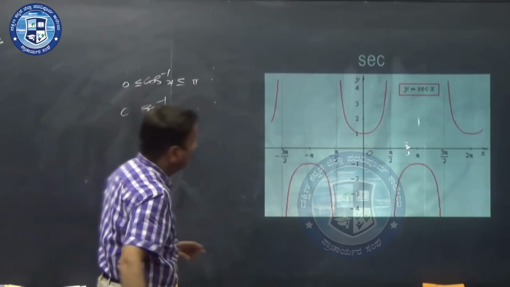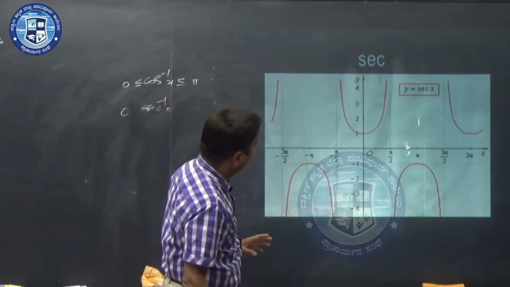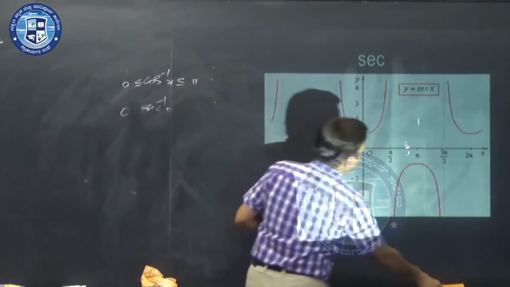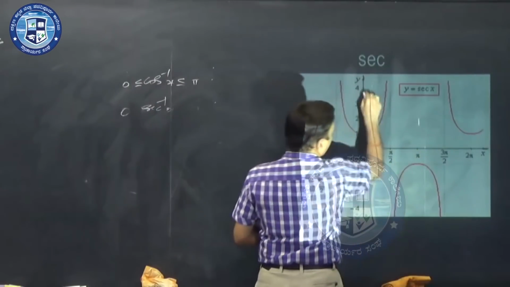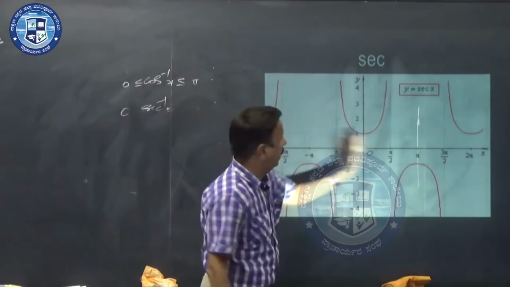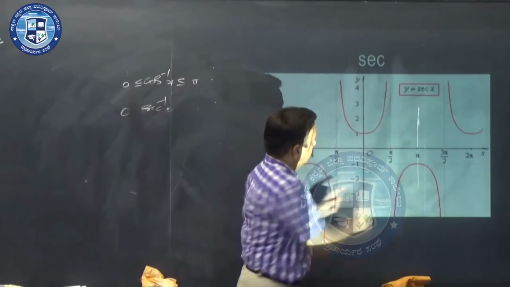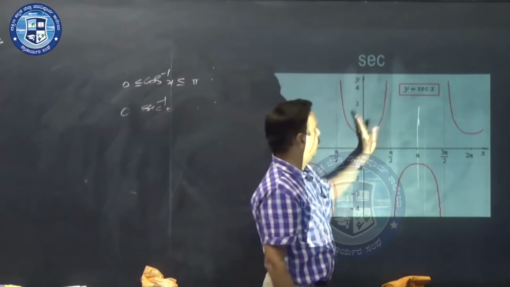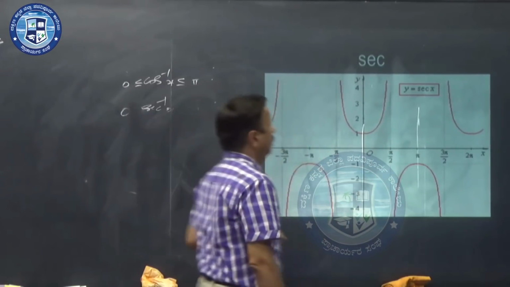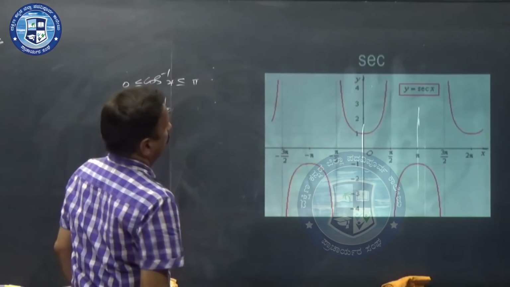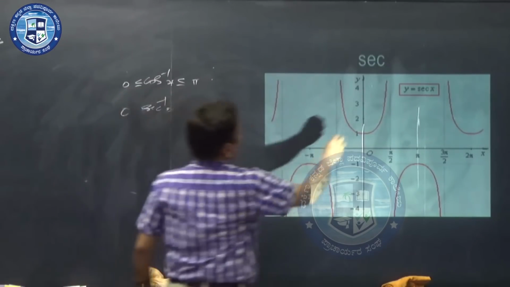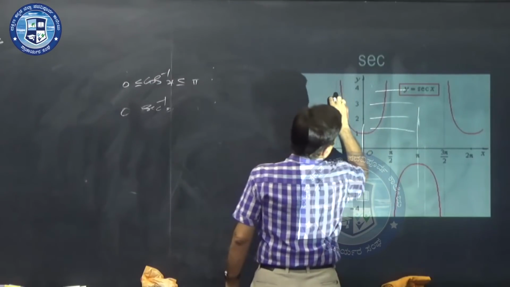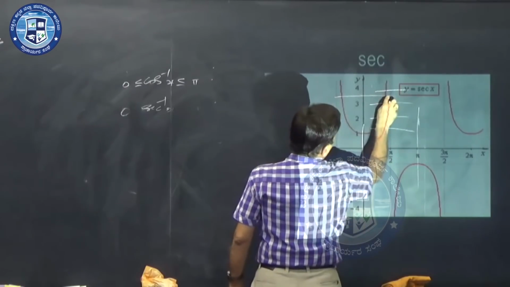For the secant curve, if you draw the horizontal line between 0 to pi, nowhere will it cut the curve at 2 points. It will cut at only 1 point. Unlike elsewhere, where if you draw the horizontal line, it will cut at this point and this point, you see.